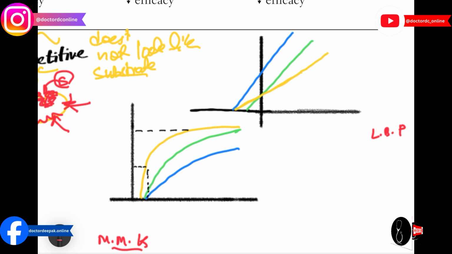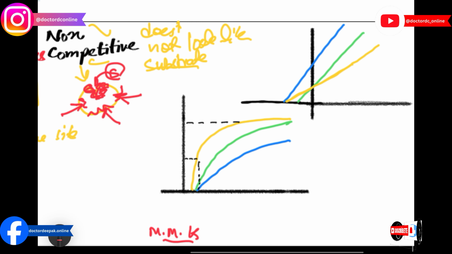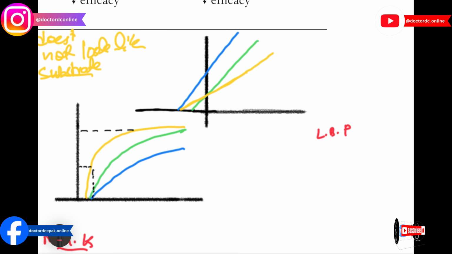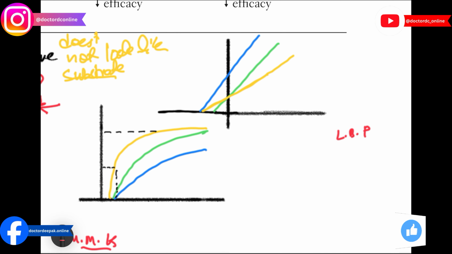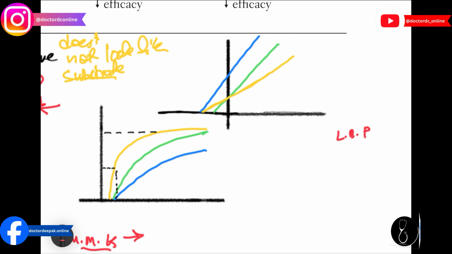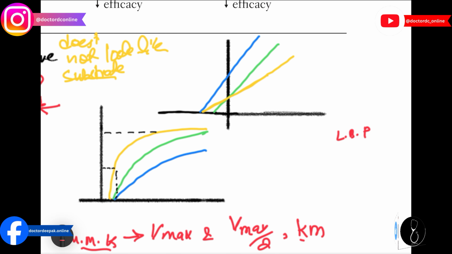In these graphs, we are able to study how to estimate and how to identify whether a graph is about a competitive inhibitor or a non-competitive inhibitor. These kinetics give two qualities of the enzyme, one is Vmax, and secondly, half of Vmax. We also go through a constant called the Km.